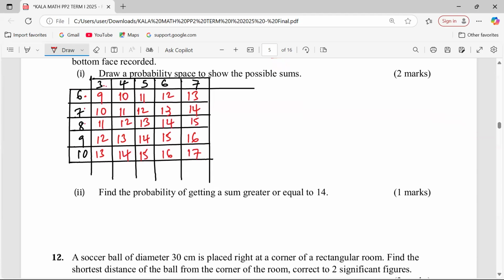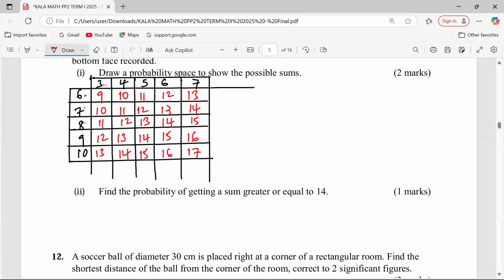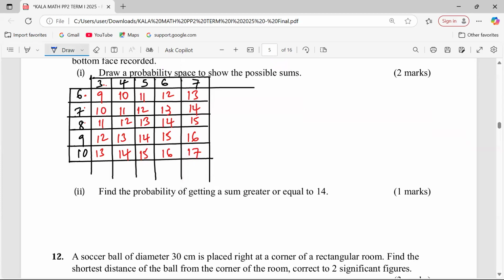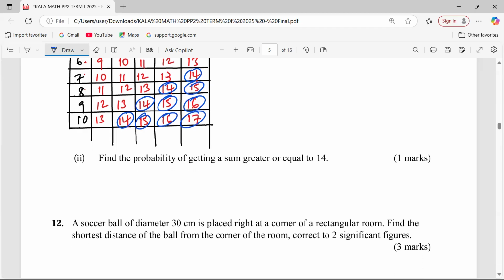Let's look at Roman 2. Find the probability of getting a sum greater or equal to 14. Those are the values: 1, 2, 3, 4, 5, 6, 7, 8, 9, 10, which are 10 of them greater than or equal to 14.